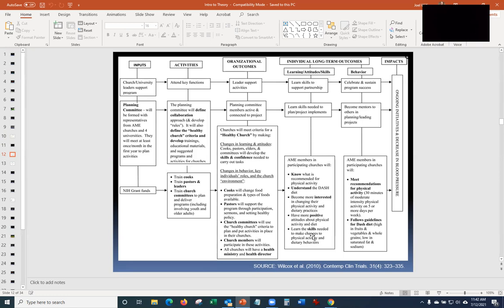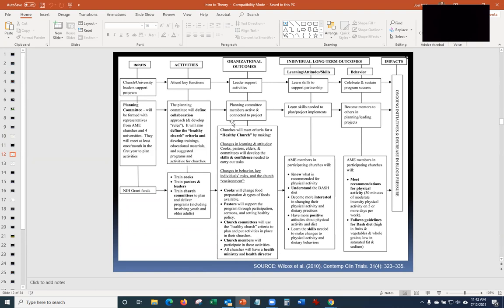So this is where theory lives, right here. So what we know about specific theories, and if we want to change behaviors to be more healthy with respect to eating and physical activity, making better choices, then there are certain theories or models that work well with doing that. And so we would just plug in those components here.